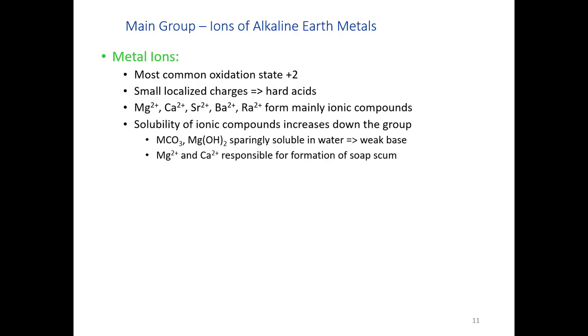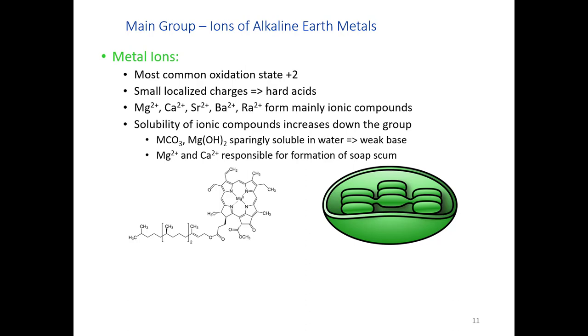Group 2 cations can also bind to crown ethers and cryptands, depending on their sizes. This sometimes can be used to help solubilize them in organic reactions, but it's often more convenient just to use an alkali metal. Some biological applications for group 2 metals include magnesium cations, which are an important component of chlorophyll in plants.